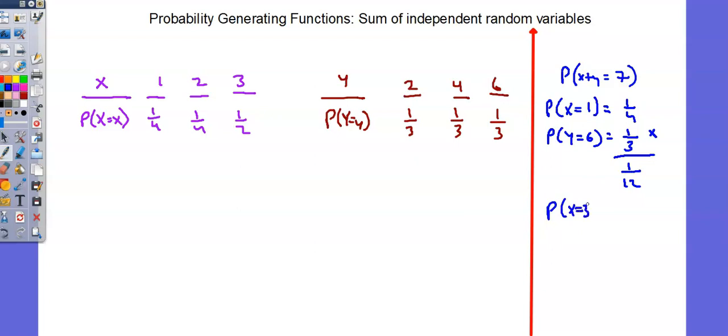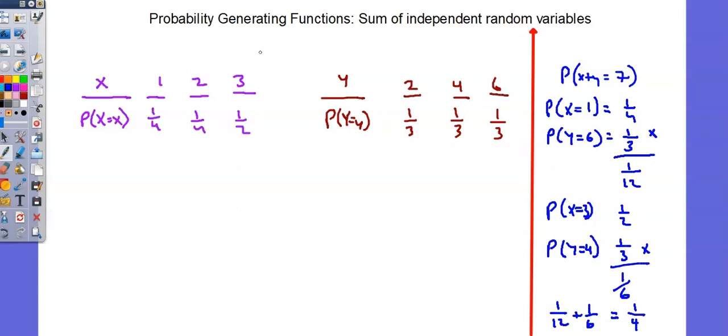The probability that x is 3 is 1 over 2. The probability y is 4 is 1 over 3. If we multiply these, we get 1 over 6. And then for the union, we would add 1 over 12 plus 1 over 6 to get a total probability of 1 over 4. That's the probability that the sum of x and y equals 7.